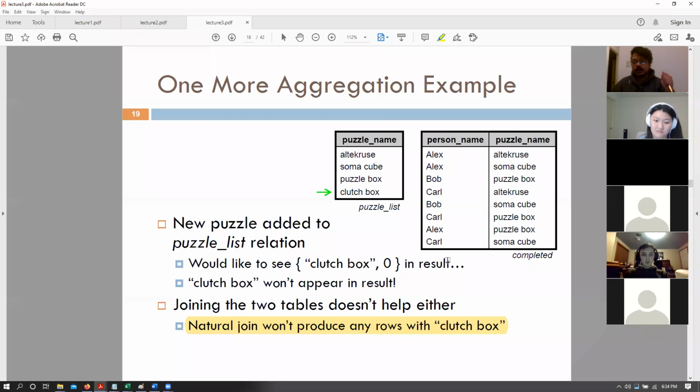Similarly, if we perform a natural join here, Clutchbox does not exist in my completed table. So even if we do perform a natural join, Clutchbox will not come up. Puzzle list natural join completed still will not have a Clutchbox.